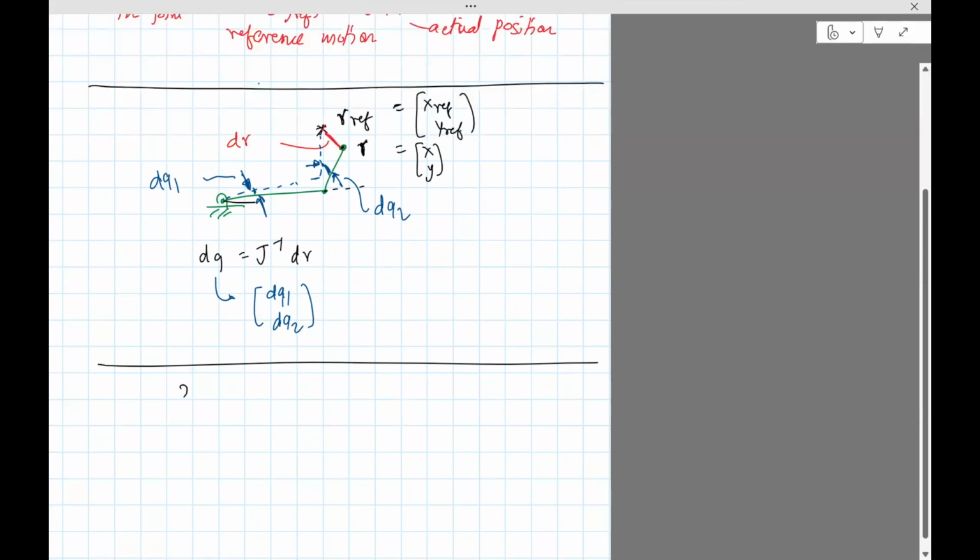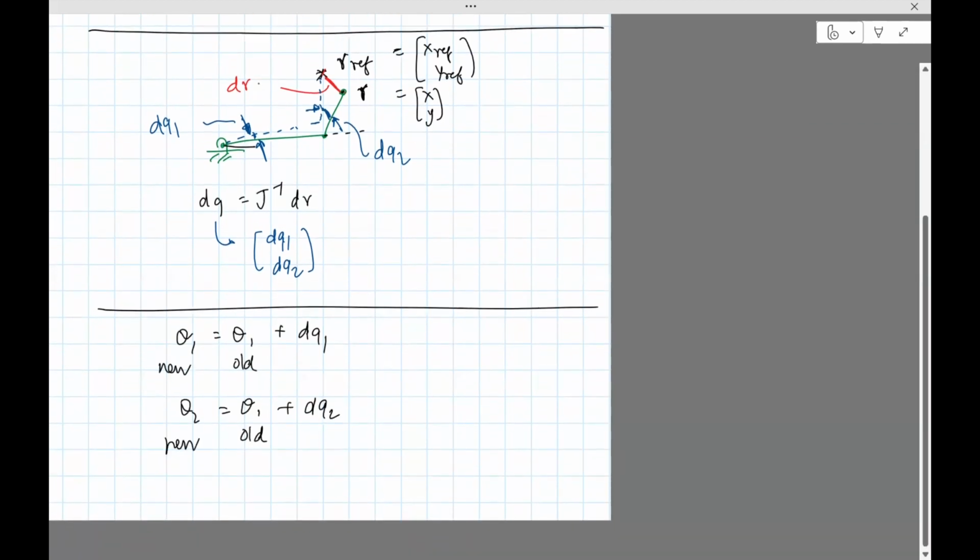The final step is to take the old angles, theta1 and theta2, and add to them dq1 and dq2. dq is just giving you the change, so you need to compute the absolute angle: it's what it was in the old configuration, theta1 old, theta2 old, plus dq1, dq2.